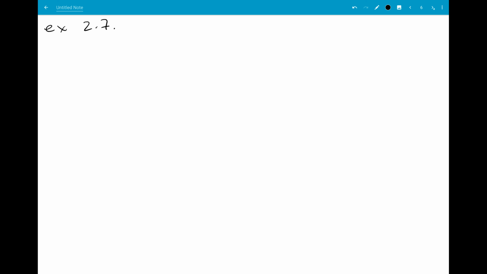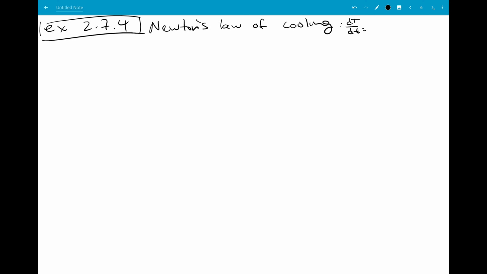We're going to pull it from section 2.7.4, and we're going to be looking at Newton's law of cooling, which is given by dT/dt is equal to k times T minus T_r, where r indicates that this is the temperature of a room. And this is a word problem.